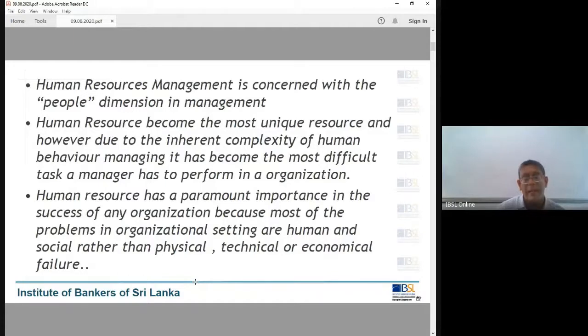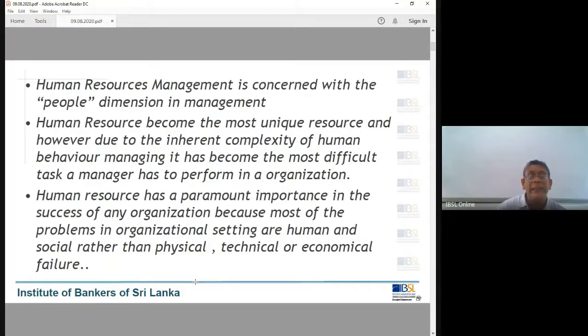Human resource management is the people dimension in management, right? And we consider human resources the most unique resource in an organization. Why do we call it the most unique resource?